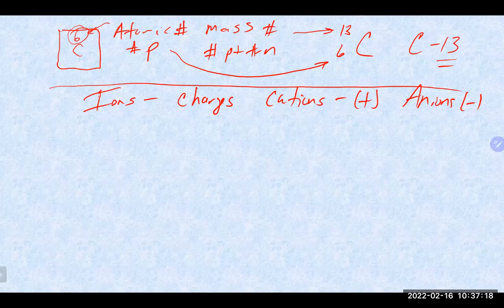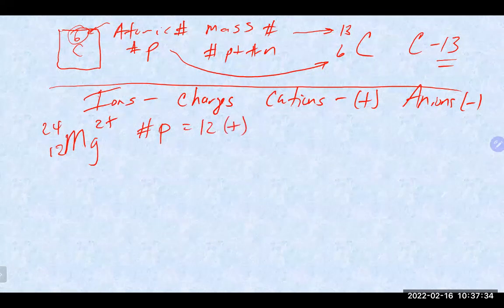So if something had a positive charge, like say magnesium with a +2 charge, it would have, in terms of number of protons, 12. Because it has a +2 charge, the number tells you how many electrons it lost.